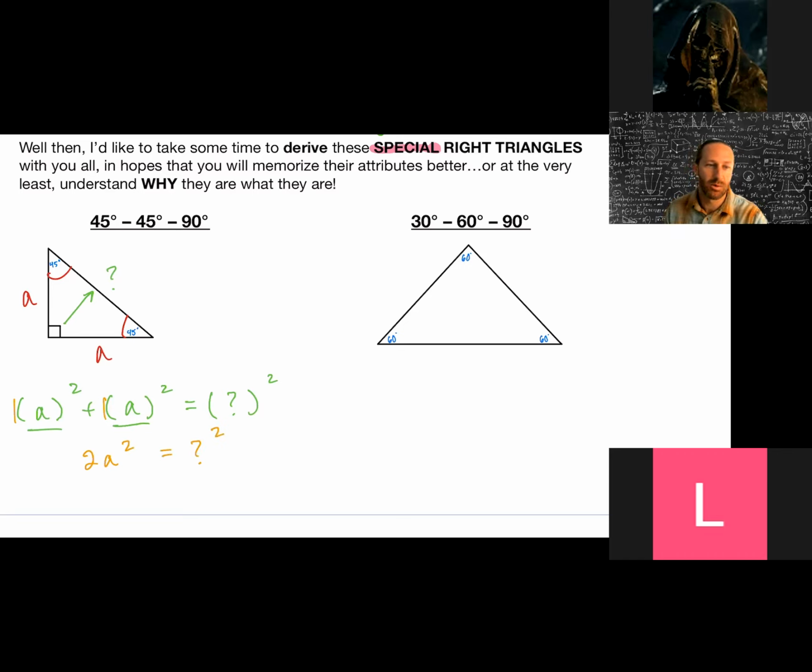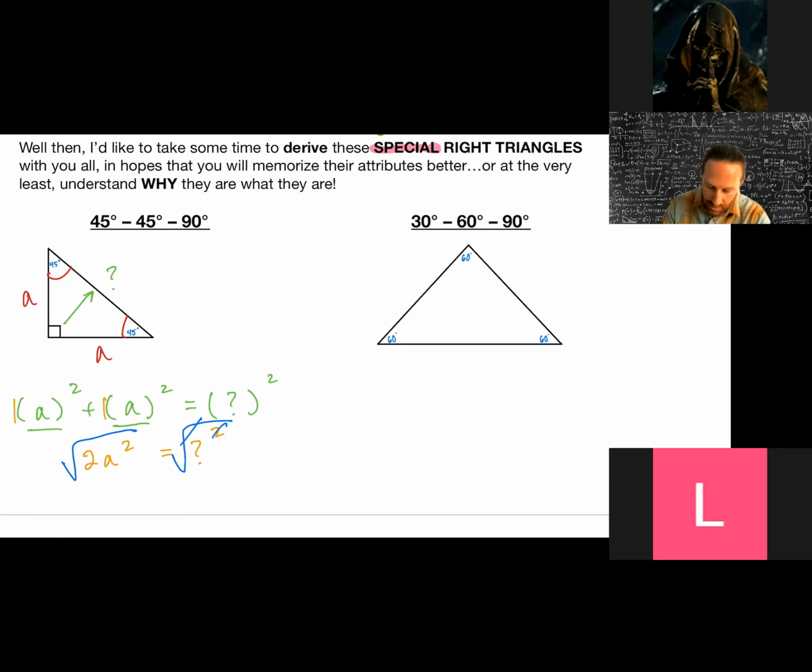And since that's equal to the unknown side, the hypotenuse squared, what do we have to do to find that unknown? To undo the squaring, we'd have to take the square root.